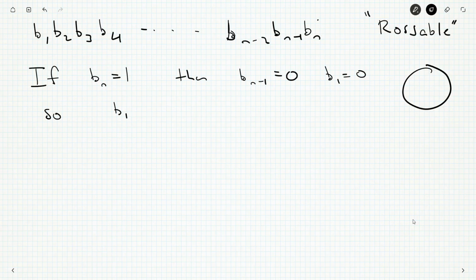So then we've got 0, B2, B3, Bn minus 2, and a 0. And this is also Rossable.